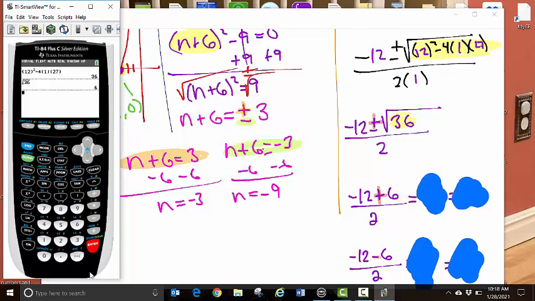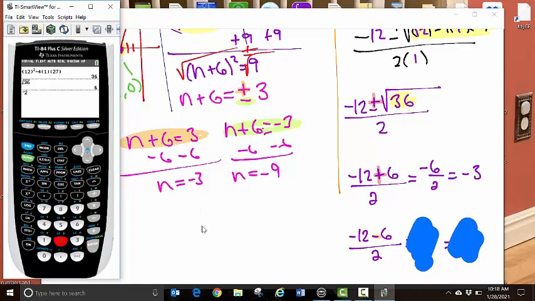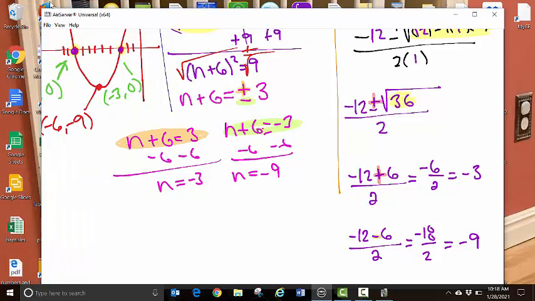Then in your calculator, you literally want to do the top first. -12 plus 6, and you would get -6. Divide that by 2, and you get -3. And then with the bottom, -12 minus 6, I get -18. And divide that by 2, and there's my -9. The answers will always match each other. The idea is, can you do it with the different versions?